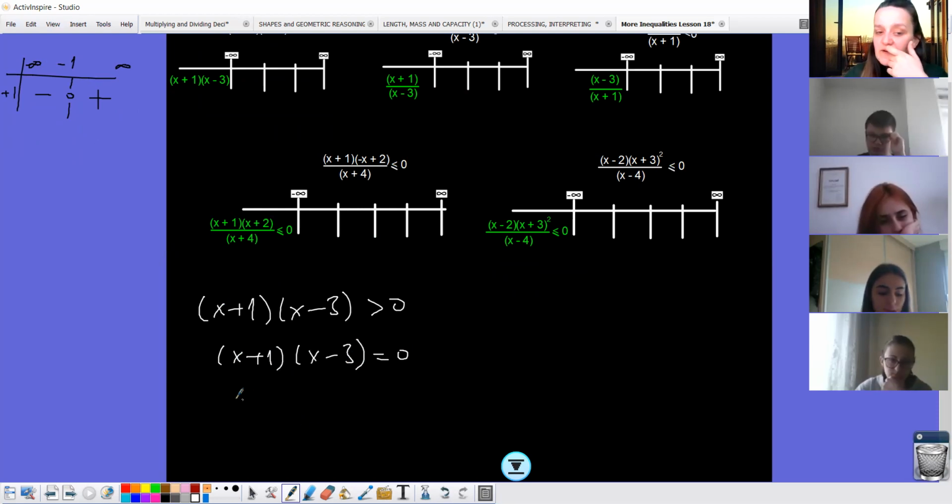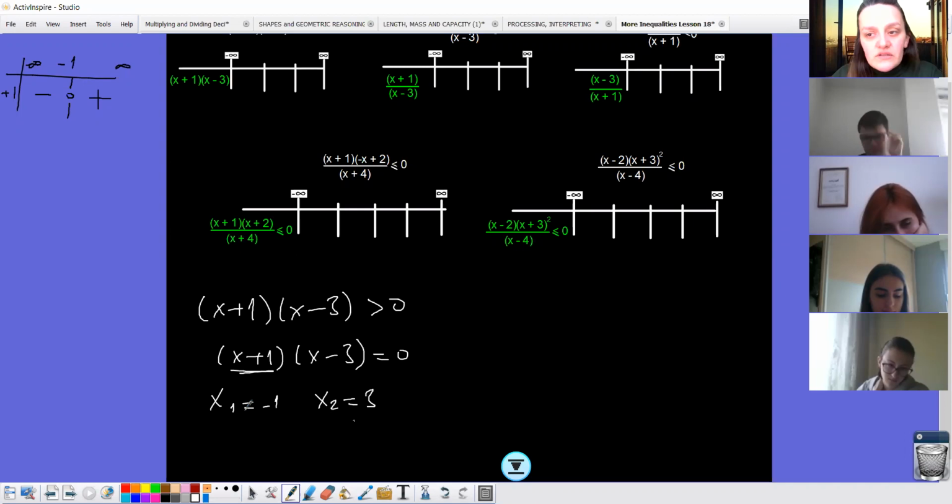Equal to 0. Because it's given as a multiplication of two different expressions, directly I can write that x1 is equal to -1 and x2 is equal to 3. Do you understand why we are writing like this? Do you remember? Okay.